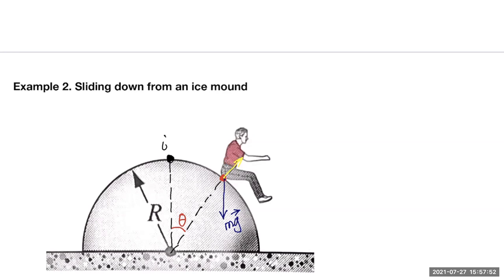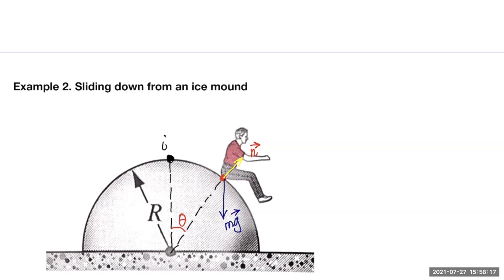Again, this normal force can change magnitude and change direction. But you have to realize what happens when a person is just about to leave contact with the mound. As the person leaves contact, what is the normal force equal to? Well, the normal force is a contact force, right? It takes physical contact in order to have that force.